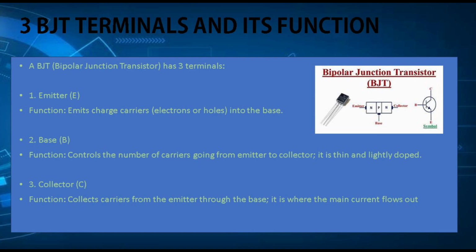The second terminal is the base, which we write as B, and its function is to control the number of carriers going from emitter to collector. It is thin and lightly doped. The third terminal is the collector, which we label as C, and its function is to collect carriers from the emitter through the base. It is where the main current flows out.